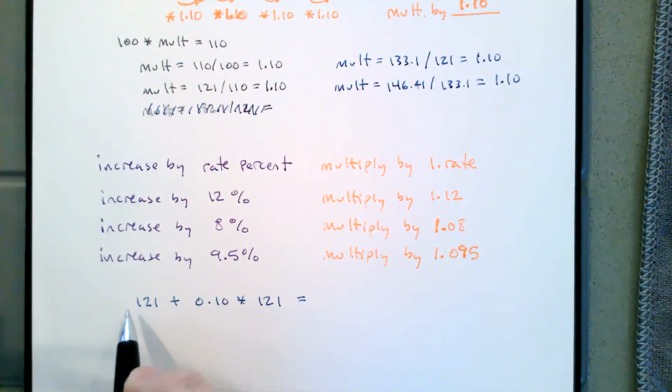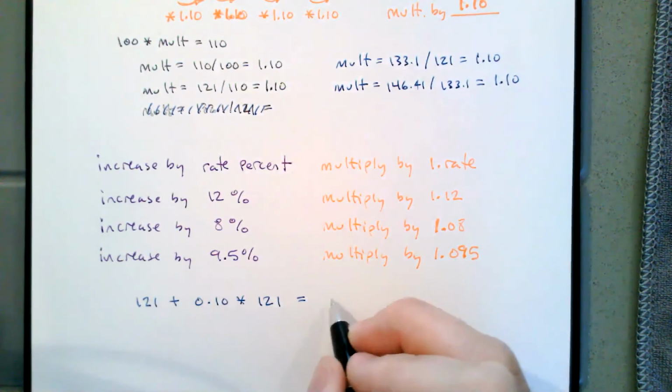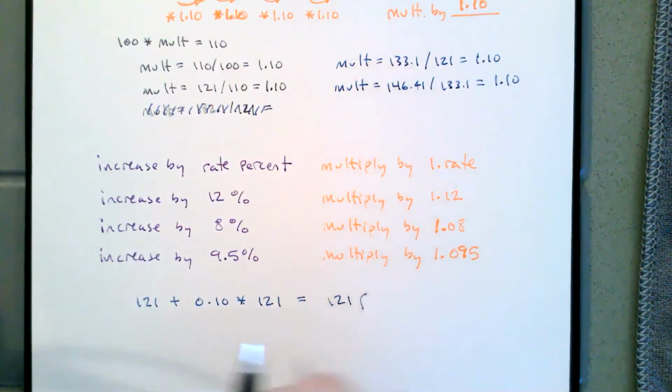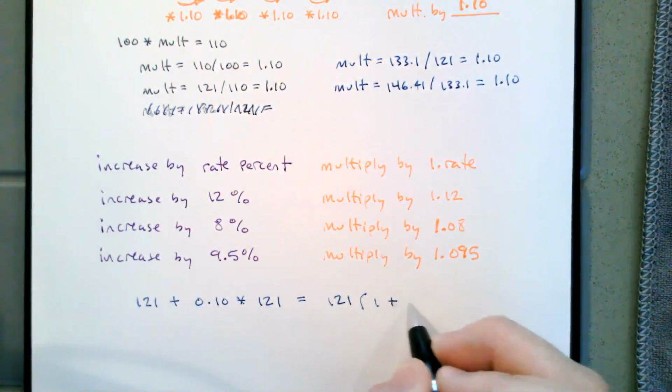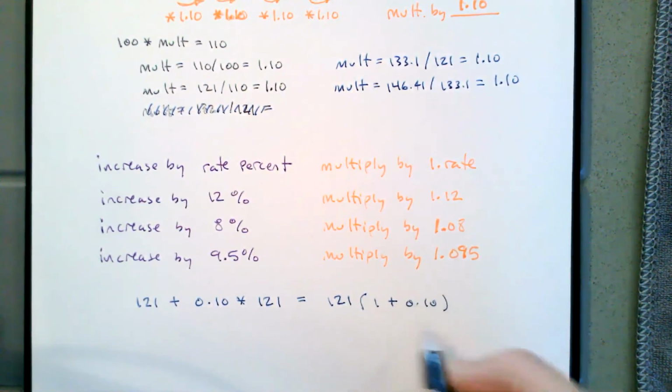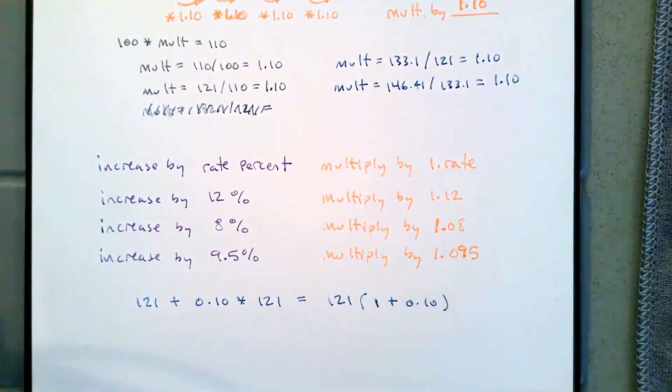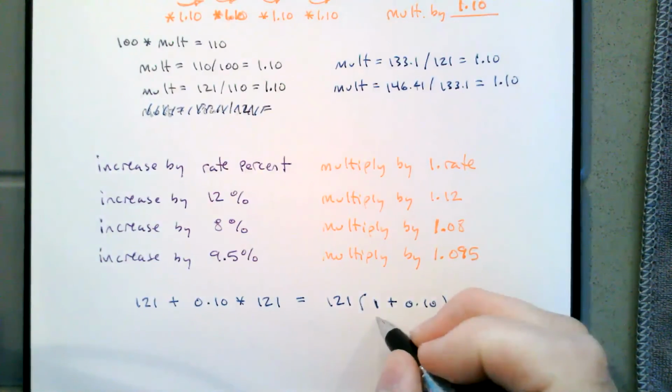I want the whole amount because you've got to pay that whole thing. And then we'll add 10% of 121. So a lot of times the question is, where does the 1 come from? The 1 is there because you're not just paying the tax. So that's one way to think about where the 1 comes from.